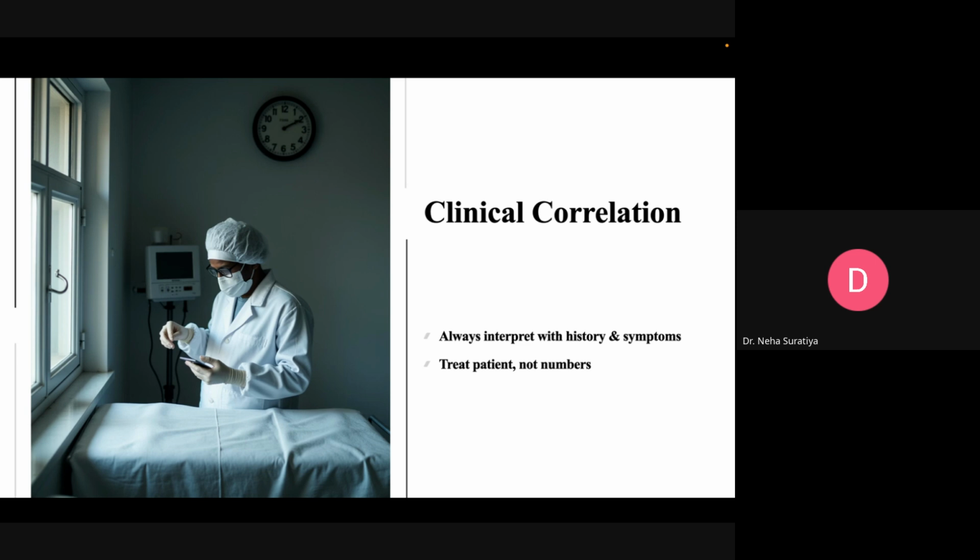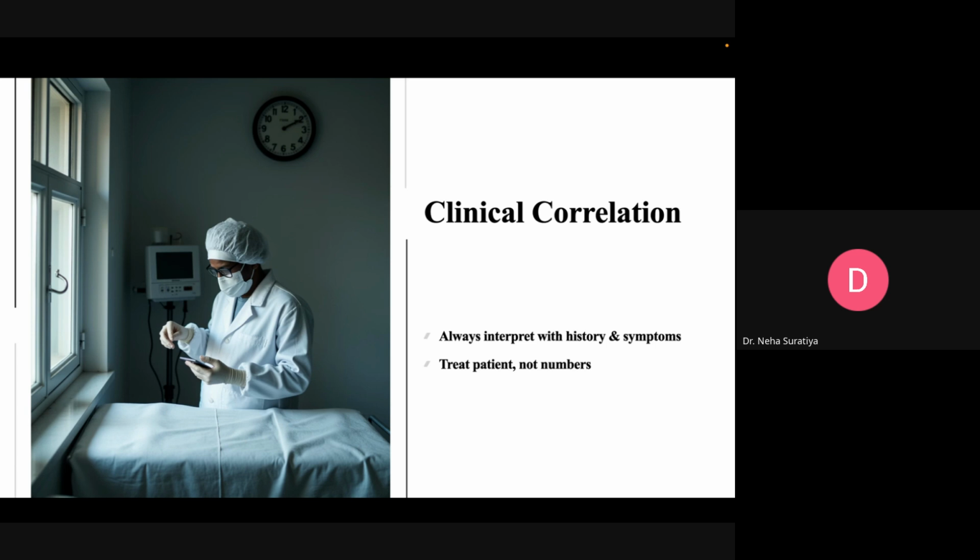Always interpret with the history and symptoms. You need to correlate everything, right? We cannot always rely 100% on the symptoms, guys. Treat the patient, not the numbers. We don't want to treat numbers as in laboratory values. For example, if the patient is suffering from high blood pressure and you are giving antihypertensives, you are treating numbers.